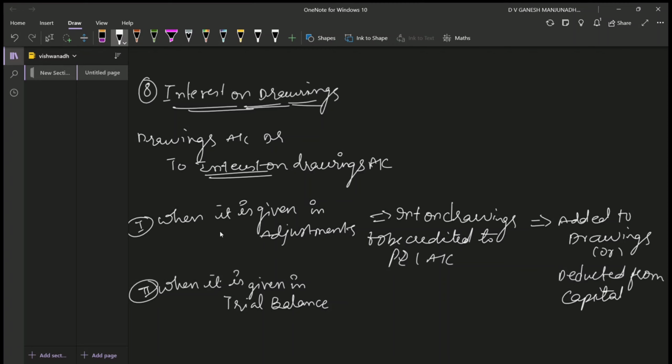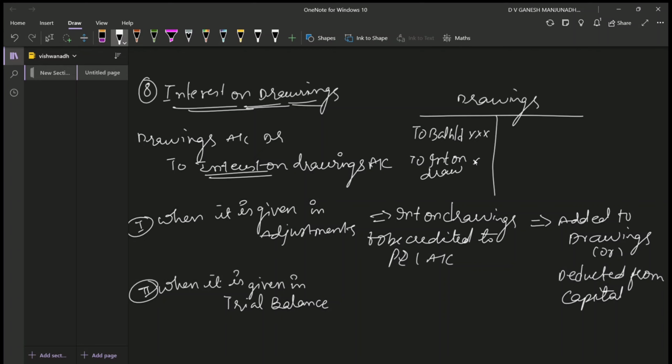This is when it is given in adjustments. Let us see the drawings account when it is given in trial balance. If we incorporate that entry, then what would be happening? Drawings is a debit balance, balance brought down again. Okay, and interest on drawings is added back to drawings, to interest on drawings account.